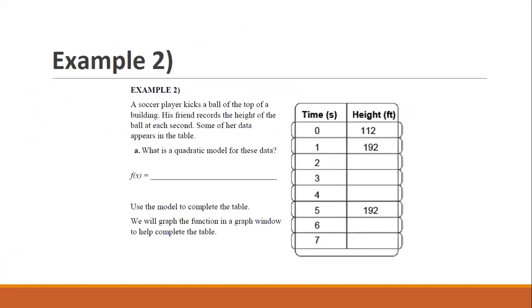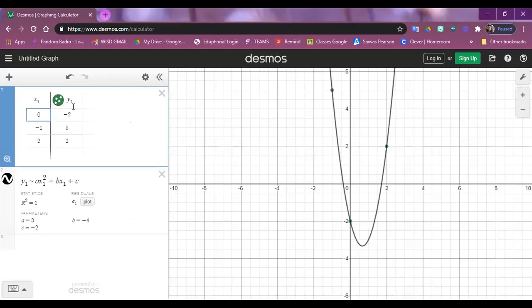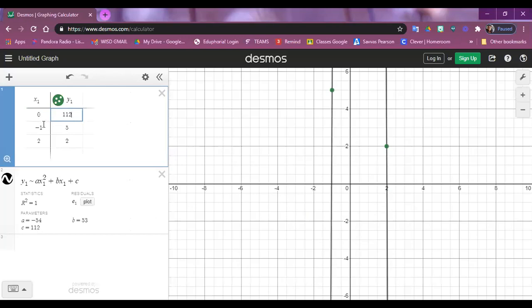Some of her data appears in the table. So what is a quadratic model for this data? Our 3 points that are given are (0, 112), (1, 192), and (5, 192). So I'm going to put that information in. But notice, once this table is open, if I just change what needs to be changed, it'll modify the graph and modify the values.